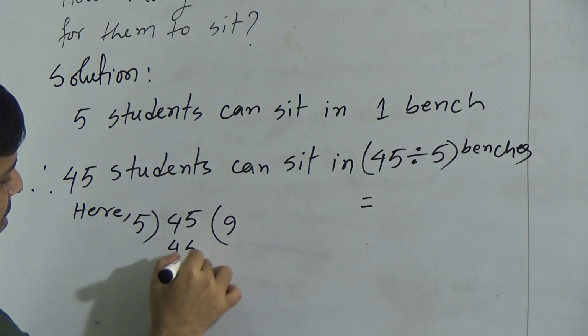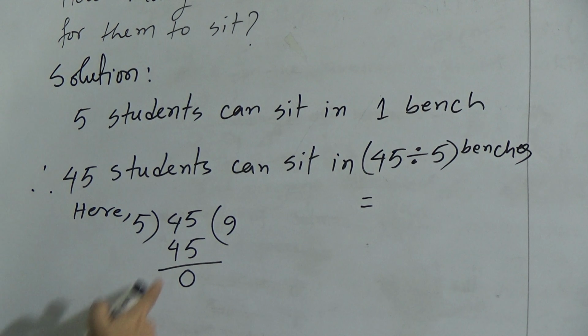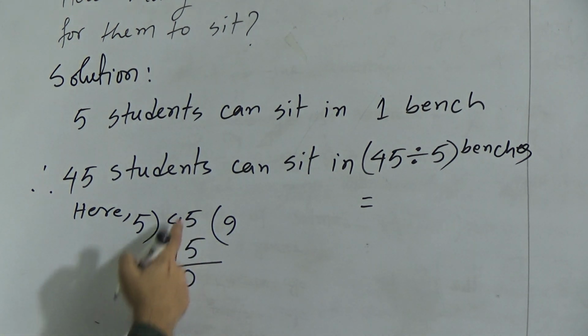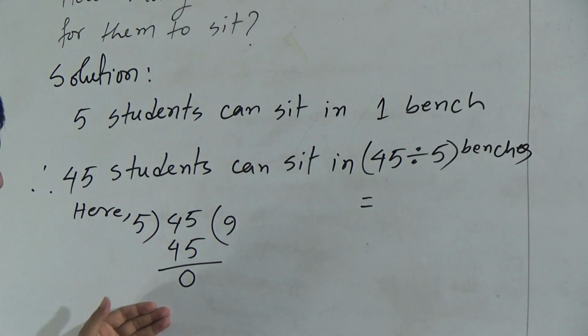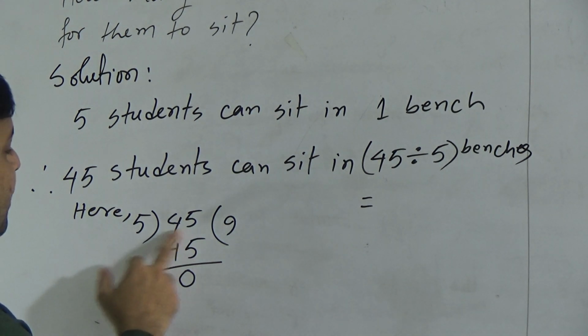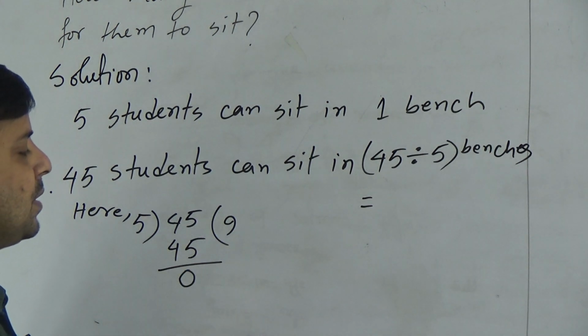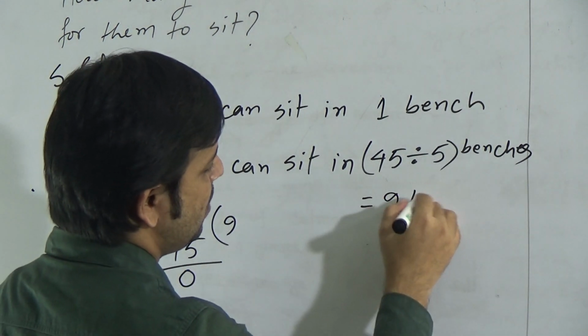5 nines are 45. So we can write 45, and if we subtract 5 from 5 we will get 0, 4 from 4 we will get 0. It means that as both the numbers are same, the difference will be 0. It means that 45 is divisible by 5 9 times. It means that 9 benches will be needed.